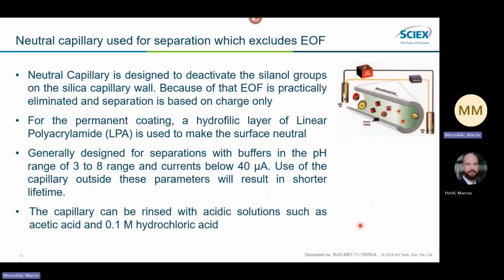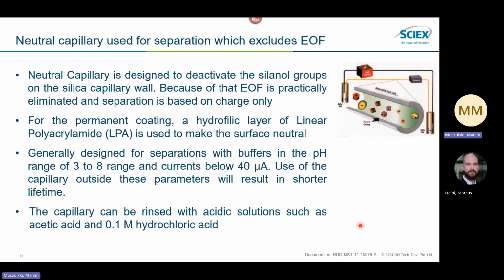For these techniques, we use neutral capillaries, which are coated with a hydrophilic layer, excluding accessibility to silica. Because of that, there is no electroosmotic flow impact on separation.